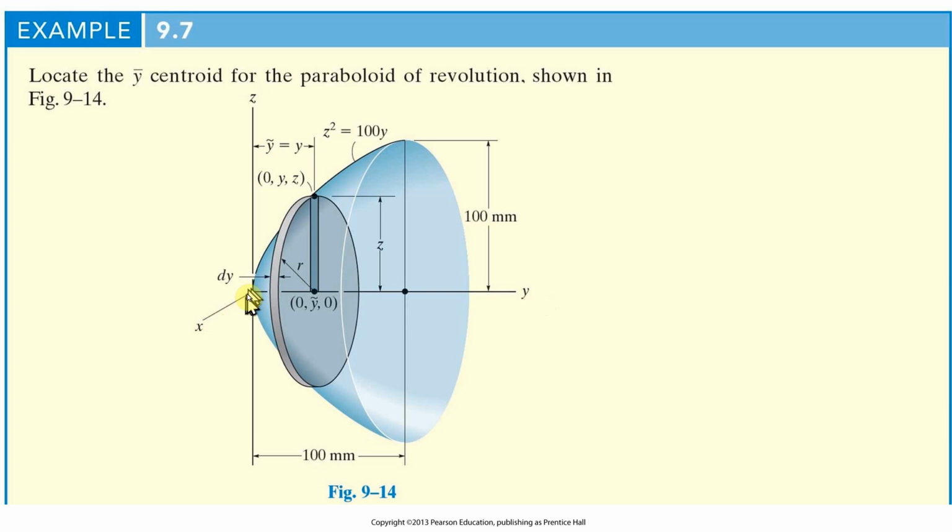So the x component and z component are 0. It's only the y component that might be non-zero, because we're not mirror imaging the object on the other side of the XZ plane.